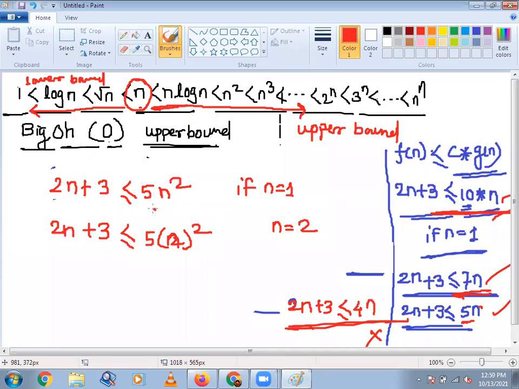If we go towards the right side, it will satisfy the equation. If we go towards the left side, it is not satisfying the equation. Are you getting it? Okay, what is the upper bound, what is the lower bound, do you understand these two concepts?